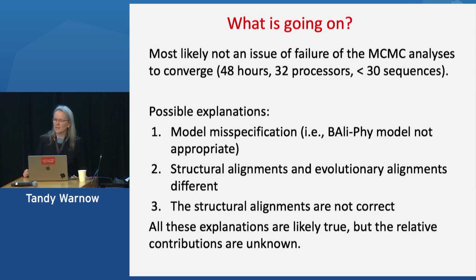Maybe the model's wrong. When you look at biological data, maybe it's just the wrong model. The second one is that structural alignments, which is what those benchmarks are based on, and evolutionary alignments may not be the same. And the third one is that the structural alignments themselves are not correct. And there are a lot of people who have said the structural alignments are a problem.